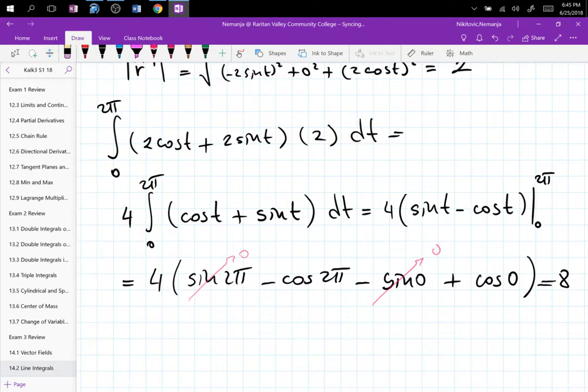So it's negative plus cosine. It's negative 1 plus 1. So this is 0, and this is 0. Oh yes, it's 0. Good.